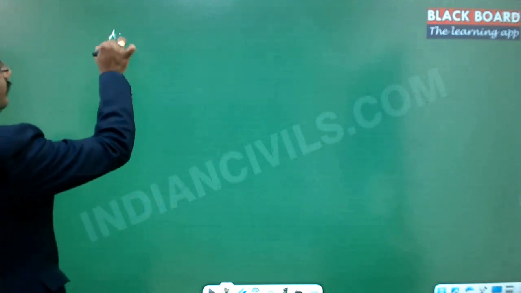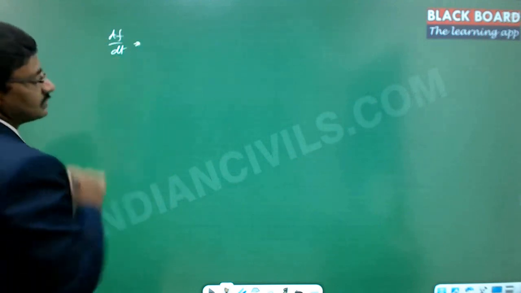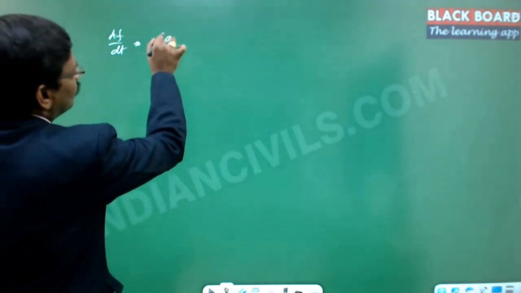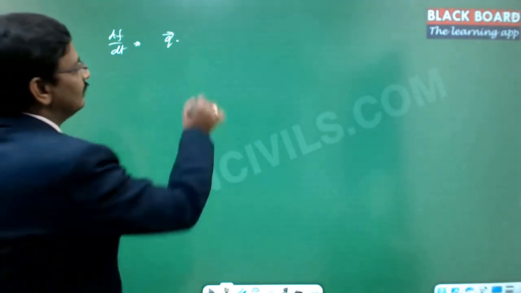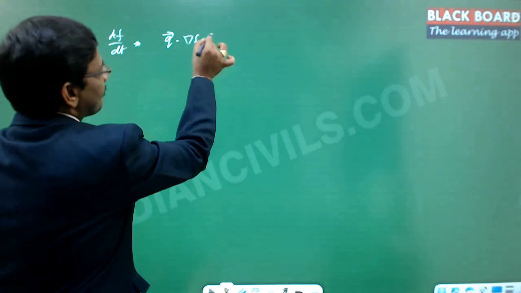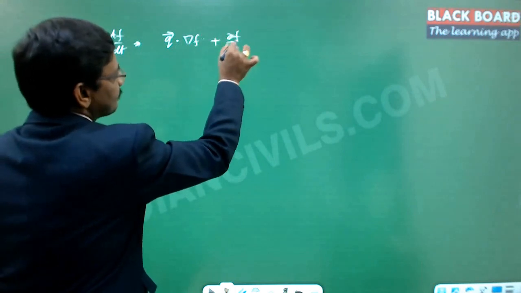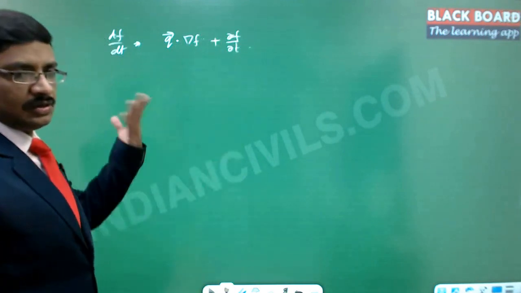So this df by dt can even be expressed as a dot product of q and del f plus dou f by dou t. So this is how we can express it. Now let us see how it is going to be.